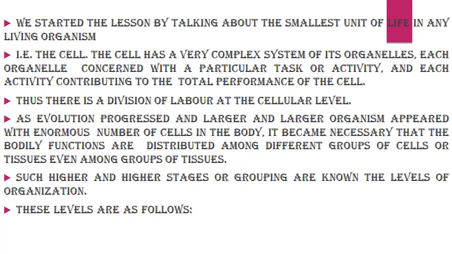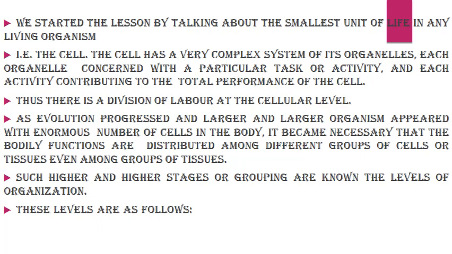As evolution progressed and larger organisms appeared with an enormous number of cells in the body, it became necessary that bodily functions be distributed among different groups of cells or tissues, even among groups of tissues. Such higher and higher stages of grouping are known as levels of organization.